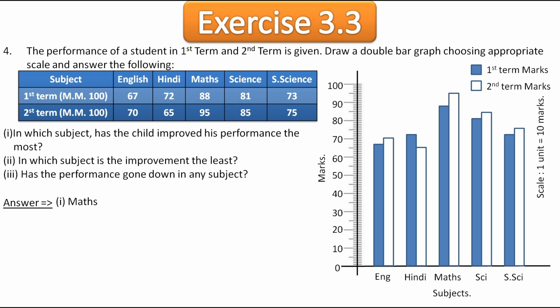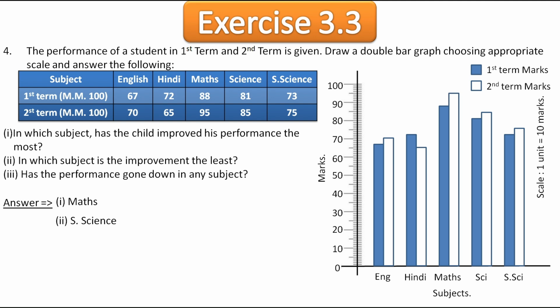Now the second question is, in which subject is the improvement the least? That means improvement is there, but it is least. That we can say is social science. Why? Because he got just 2 marks extra compared to the first term. So the answer for the second question is social science.